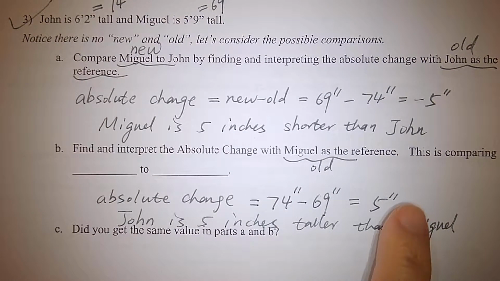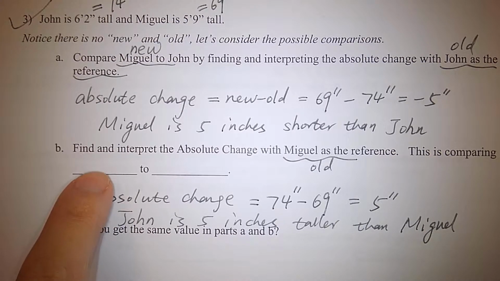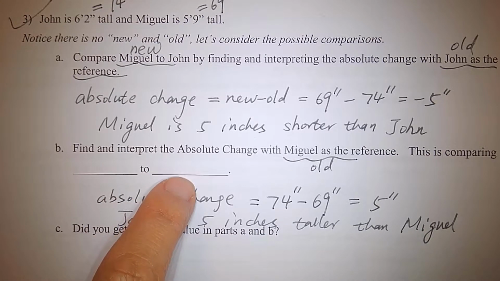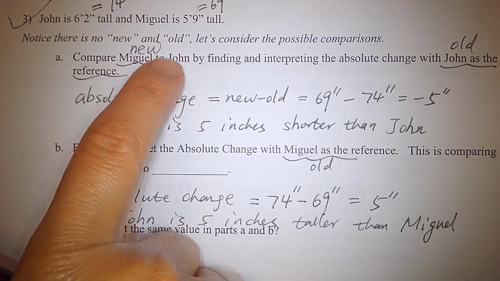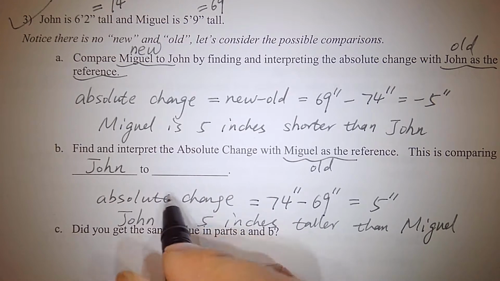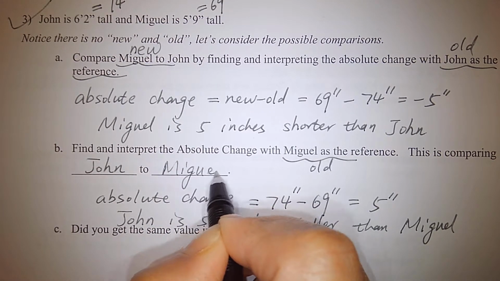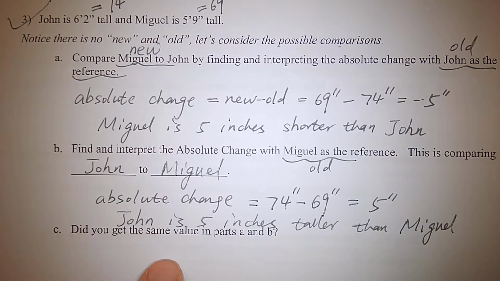And this is comparing who to who? John to Miguel. Because previously, see, Miguel to John. Now this time we compare John to Miguel. Right, guys? Can everybody follow me?